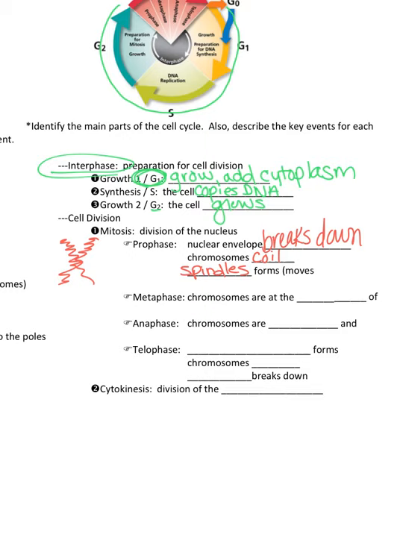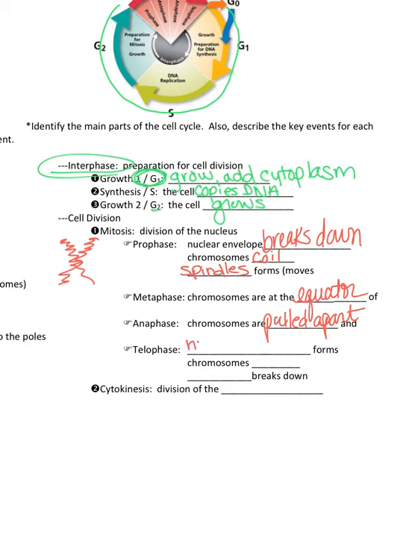For metaphase, this is where chromosomes are at the equator or at the midline of the cell. Anaphase, the chromosomes are pulled apart and they move away from each other. And then in telophase, we've got the chromosomes at the opposite ends, so we need to keep them there.